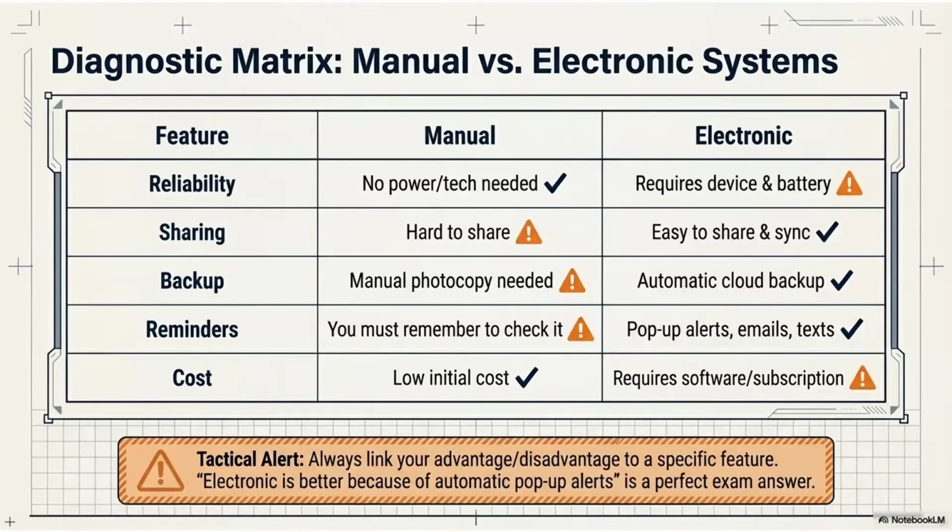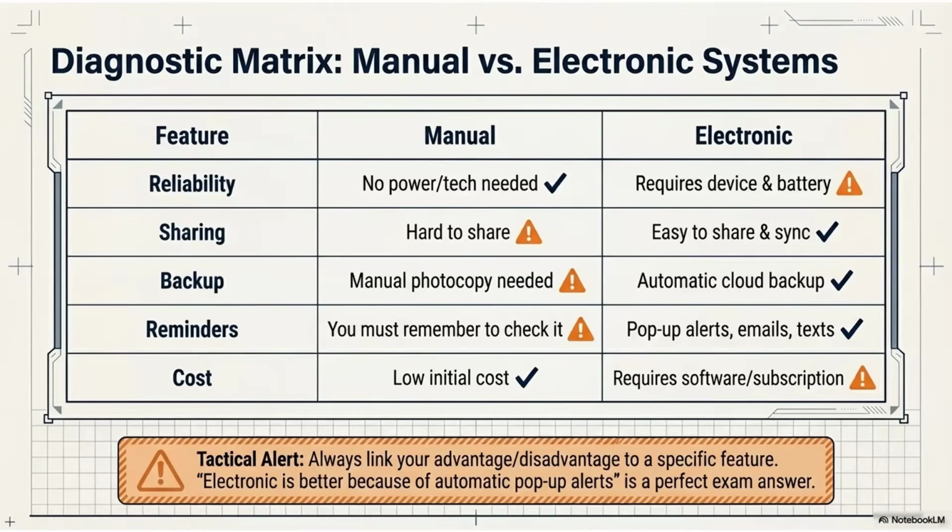When it comes to doing these things manually and doing these things electronically, they all have their advantages and their disadvantages. It all comes down to which advantage is more important to you. If you want it to be easy to share, to be able to back it up easily and have reminders, use electronic.